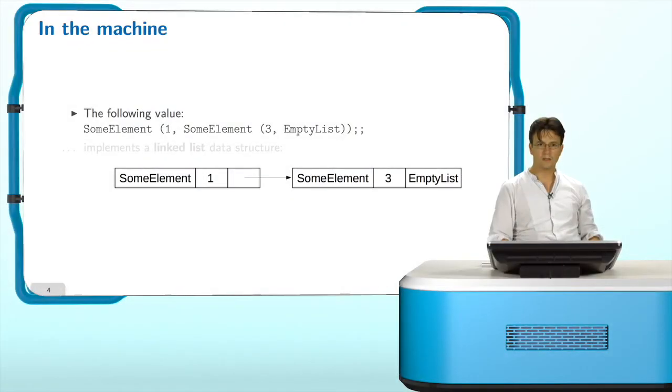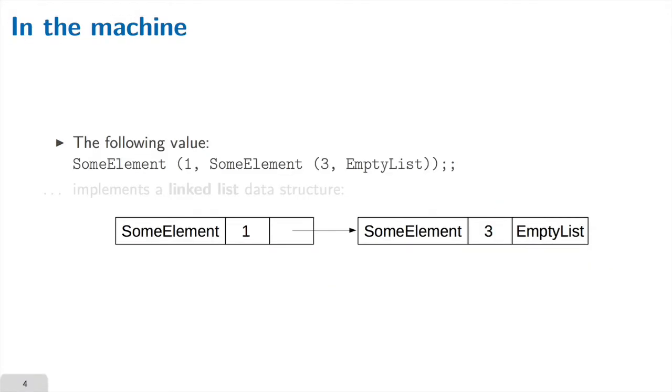If we consider this definition of a list, then if we write something like SomeElement 1, SomeElement 3, followed by the empty list, then in fact in the machine the representation of this value is exactly a linked list like the one that you can find in any textbook about data structures.